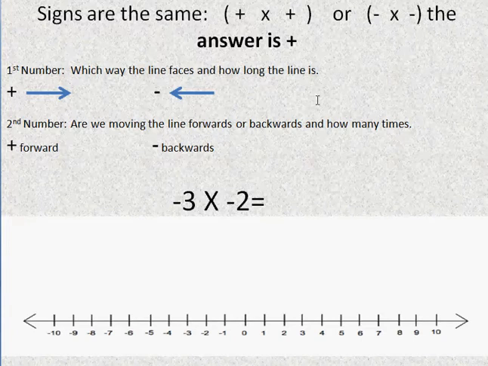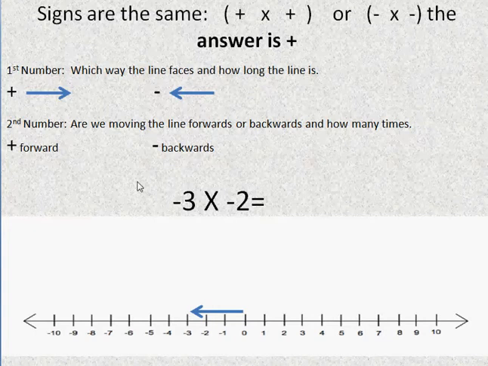First, I have a negative number, so I know it's going to be pointing to the left, and it's going to be 3 units long. But I need to move it backwards 2 times because my second number is negative.